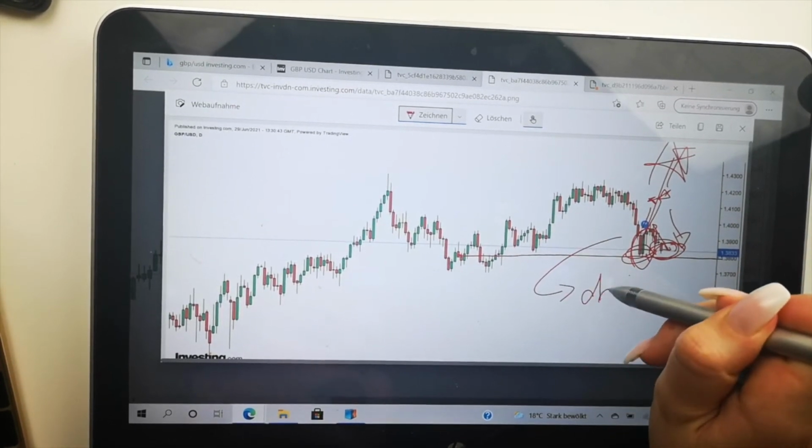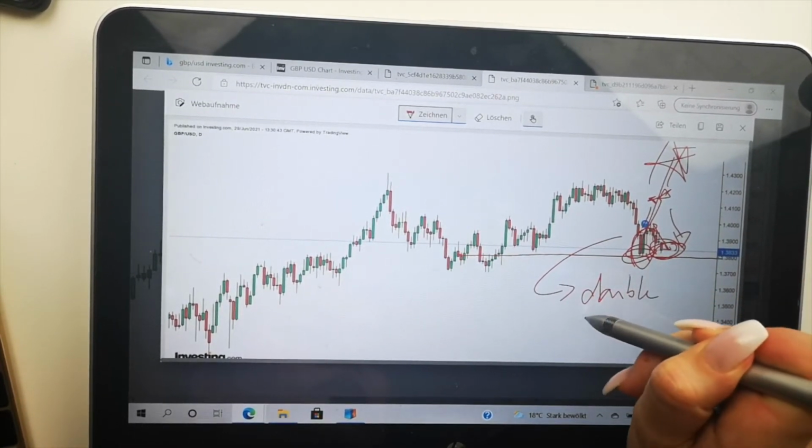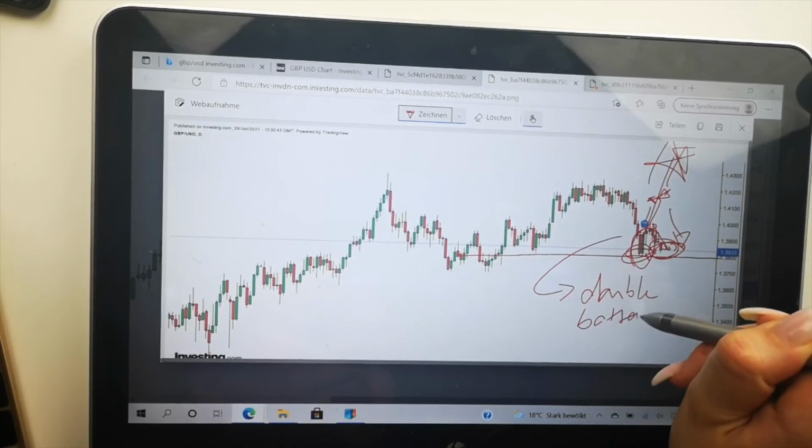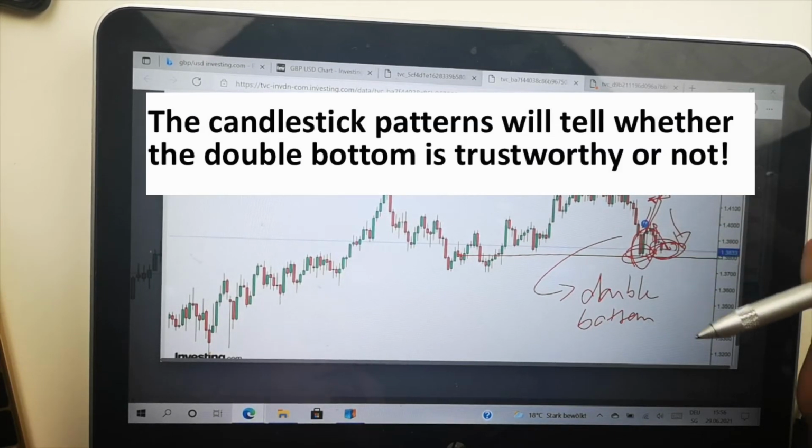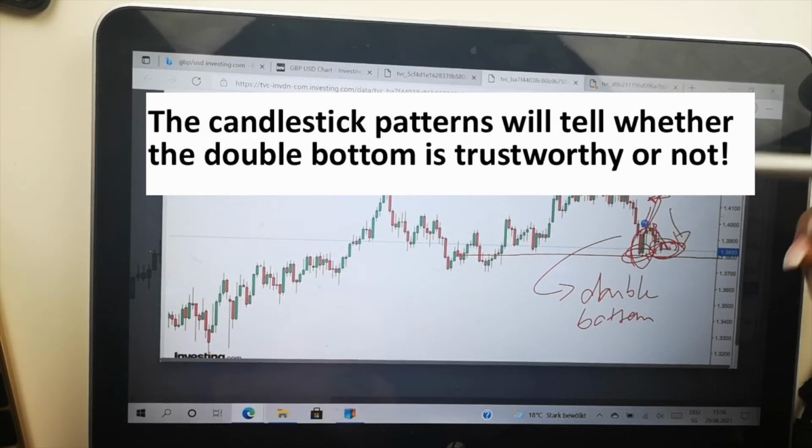So here I spotted a double bottom, which makes everything more reliable. Now, the day isn't over yet, so I don't know whether this double bottom is going to be reliable or not, but this already shows that it's quite likely to happen.